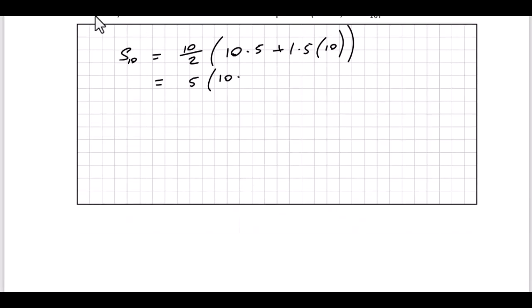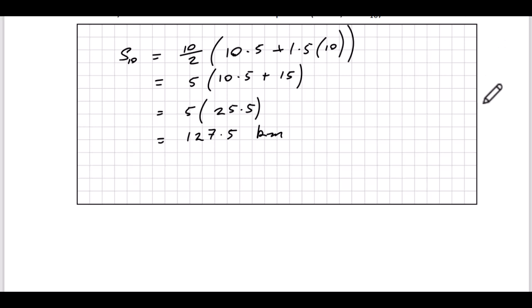We've got 10.5 plus 15 when you multiply 1.5 by 10. So that's 5 times 15 plus 10.5, which is 25.5. Multiply that out. 5 times 25.5 is 127.5, and that's kilometers. And that's it for this question.